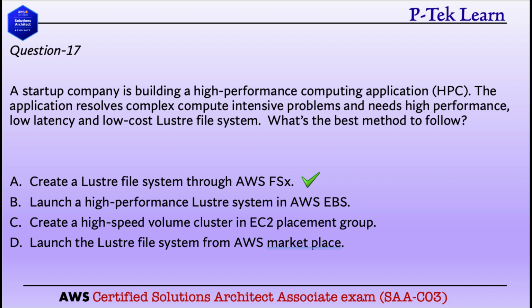An EC2 placement group doesn't support a Lustre file system, so this is meaningless. Option D, launch the Lustre file system from AWS Marketplace. The products in AWS Marketplace are not cost effective. That is the first thing we have to remember. For Amazon FSx, there are no minimum fees or setup charges. So the best option is A.